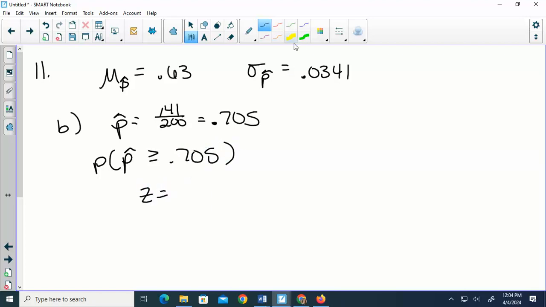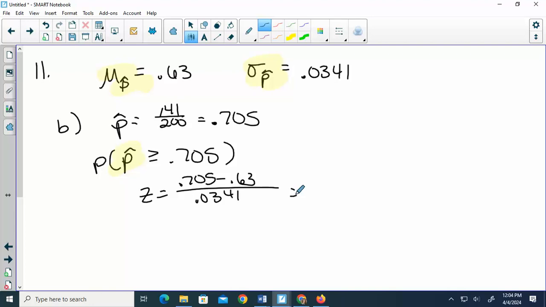So turn into a z. Since our variable is p-hat, we need the mean and standard deviation for p-hat, not the original ones in the problem. So our value minus our mean divided by our standard deviation.